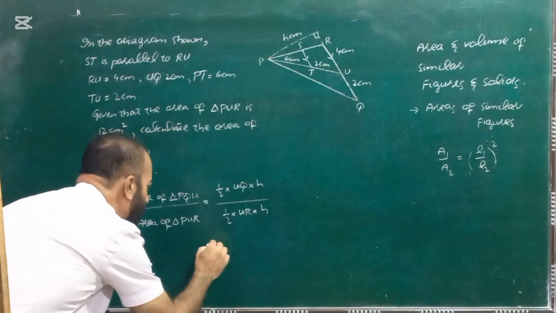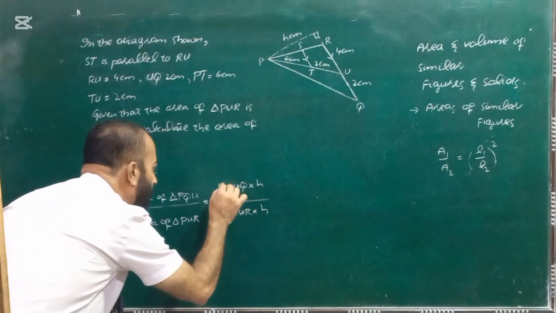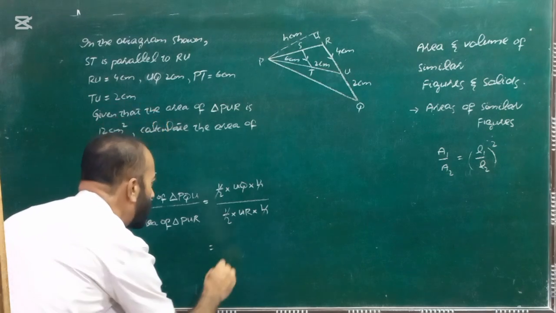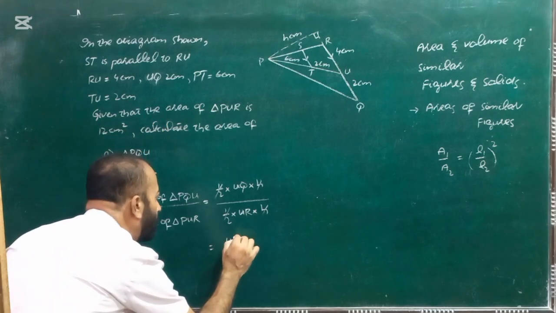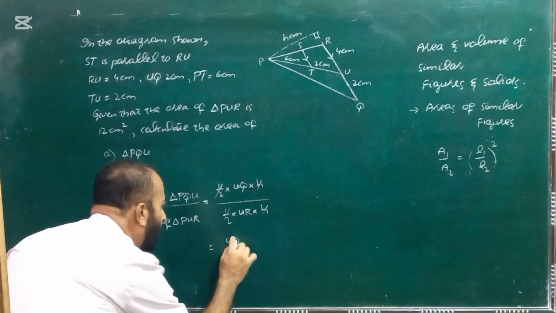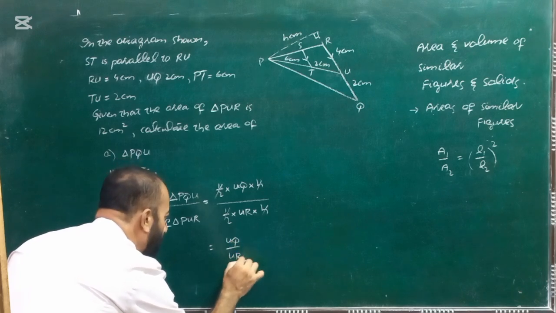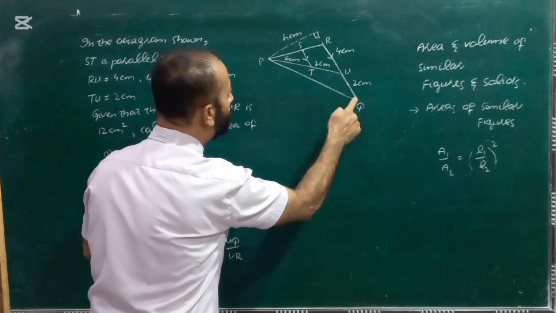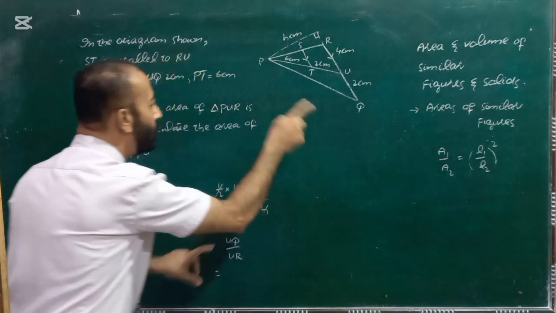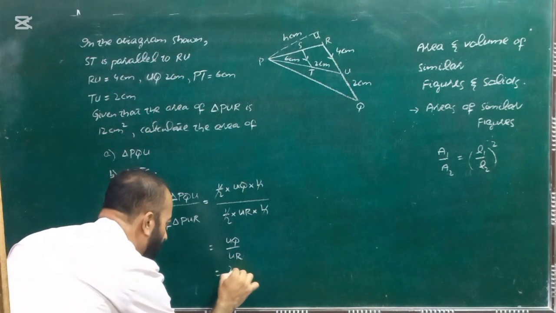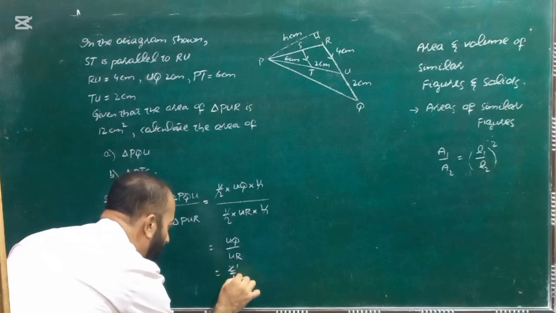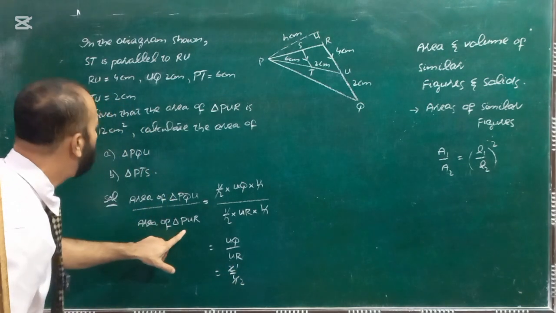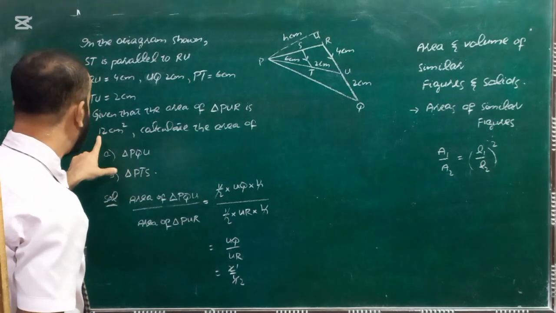Here 1/2 and h cancel in the numerator and denominator. In the numerator UQ is left and in the denominator UR is left. UQ is 2 and UR is 4, so 2/4, that is 1/2. On the left hand side the area of PUR is given, that is 12.